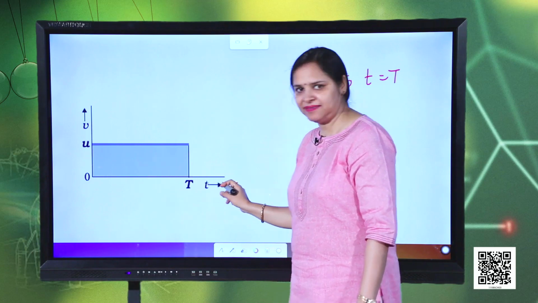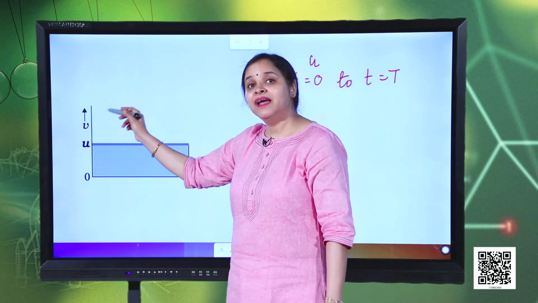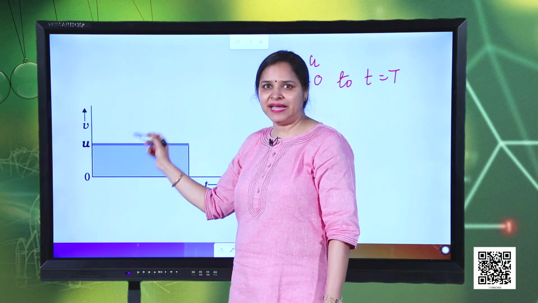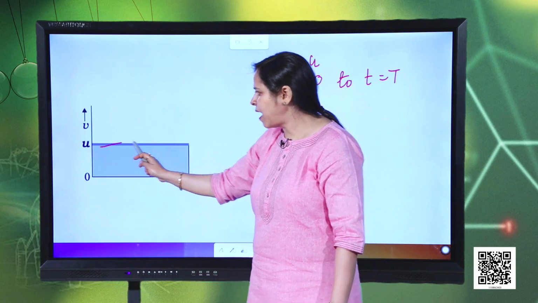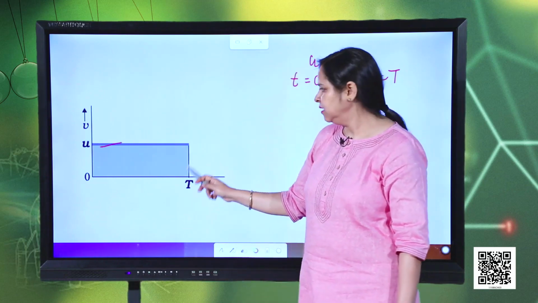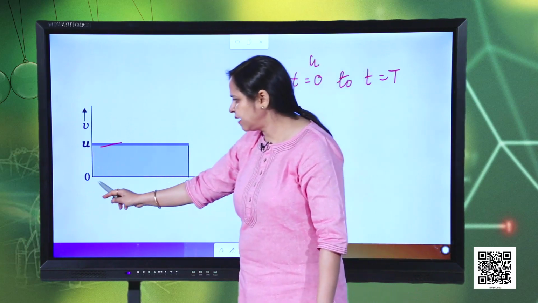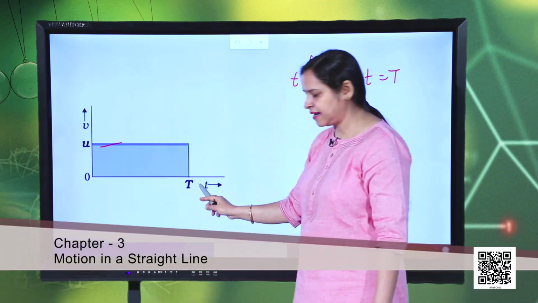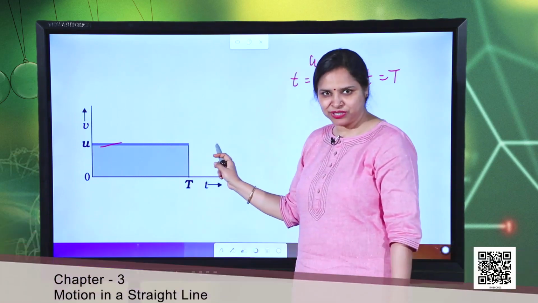Along the x axis we take time, along the y axis we take the velocity, and since the velocity is uniform throughout the motion, we obtain a line parallel to the time axis. Between the time duration of 0 to t, the velocity is u throughout the motion.